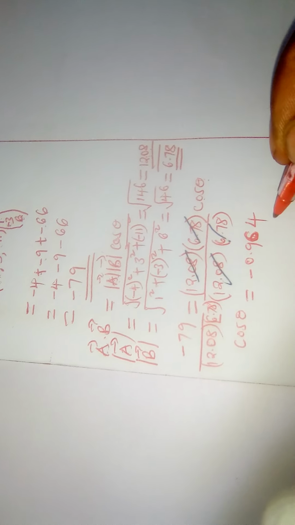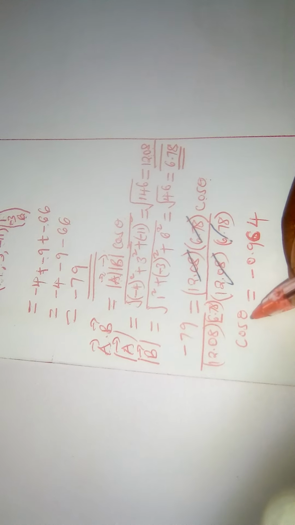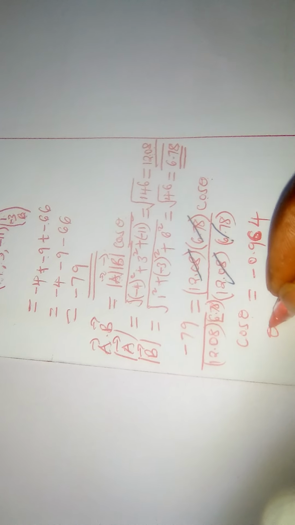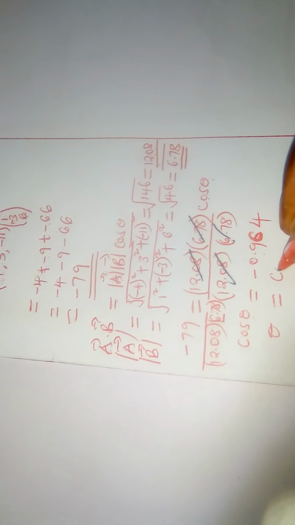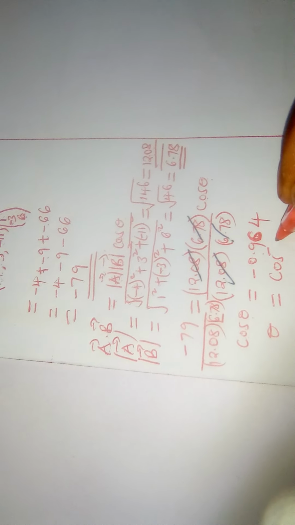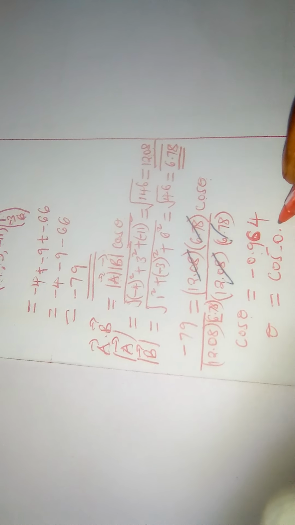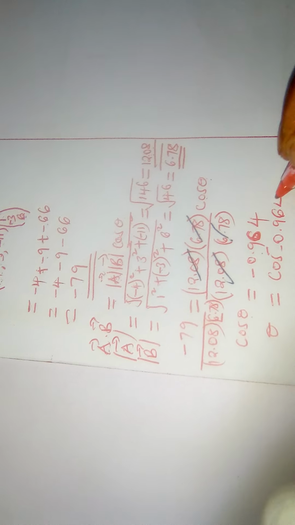0.964. Now to get theta, it is very simple. You just get theta, which is the cos inverse of the result. So you write the cos inverse of negative 0.964.